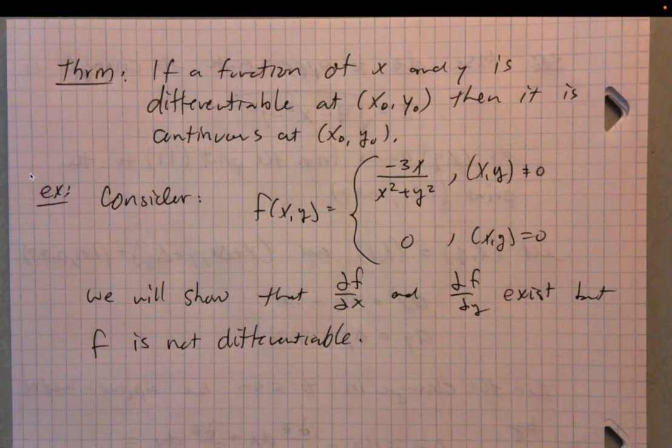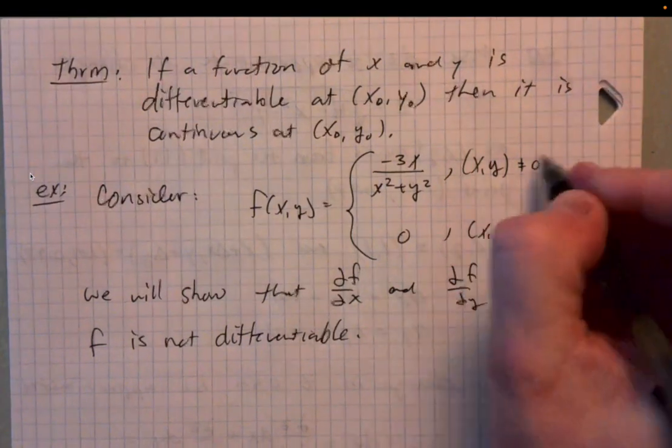And to show that it's not differentiable, we can just consider the continuity of the function. Specifically, we're interested in the point 0, 0. And these should say 0, 0 here, sorry.